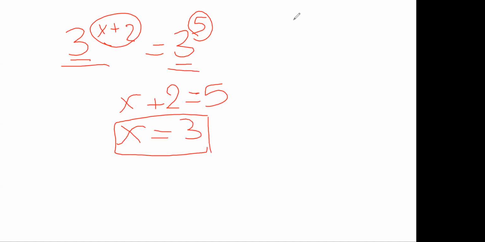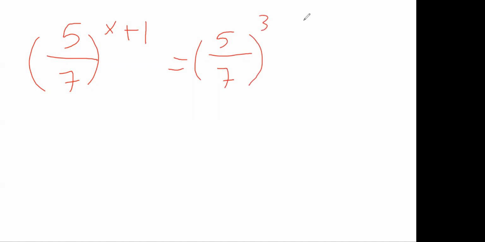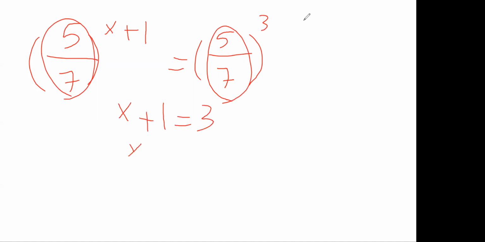Okay, if I make it a rational number, 5 over 7 power x plus 1 equals 5 over 7 power 3. The same, the bases are equal, both of them are rational numbers, so the powers will be equal. So x in this case equals 2.